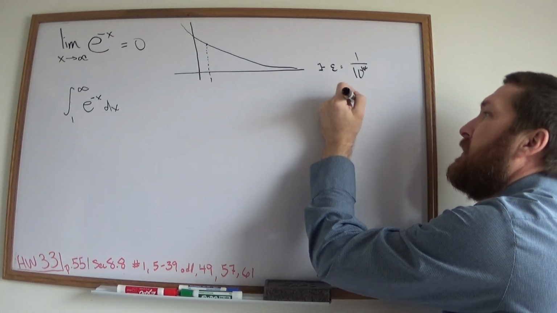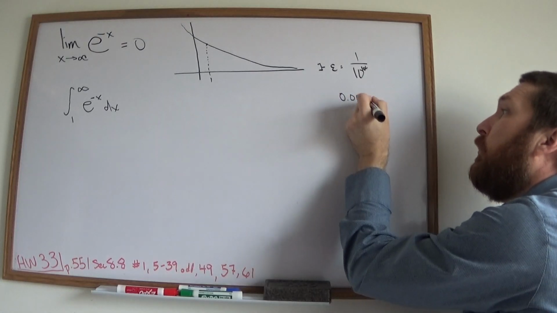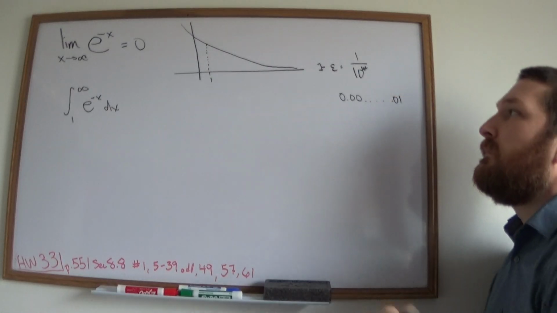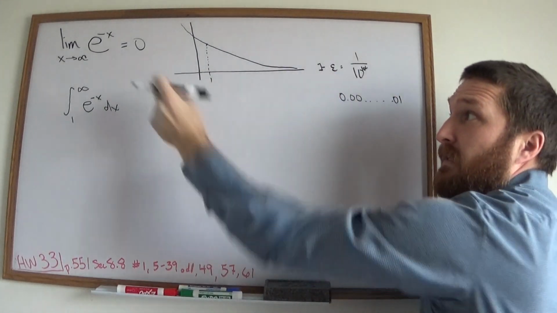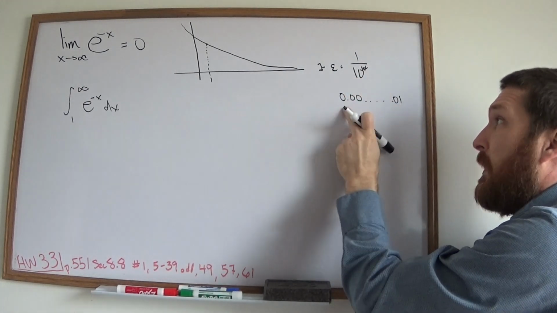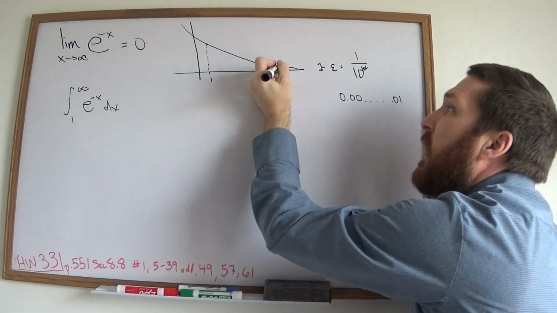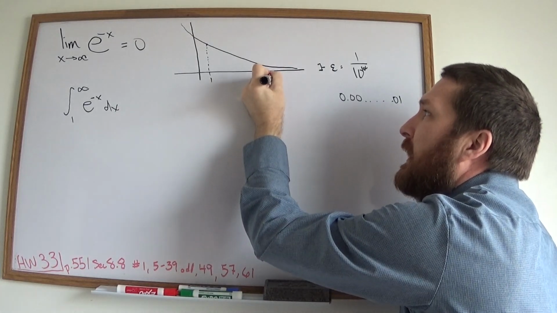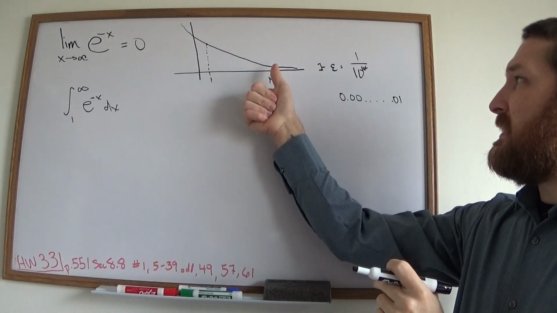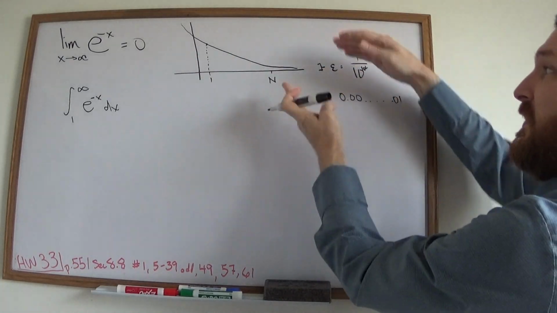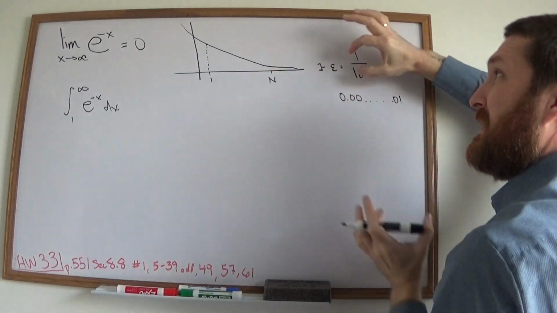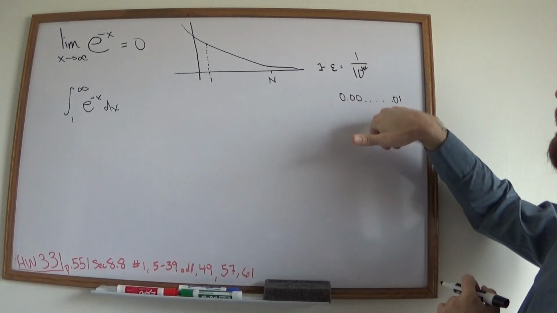That's 0.00, a total of 1 million zeros, and then a 1, a really, really tiny number. What this says is that if you give me that number, you want to get as close, then I could find you an n such that whenever x is beyond n, the distance from the function to the x-axis is less than that number.